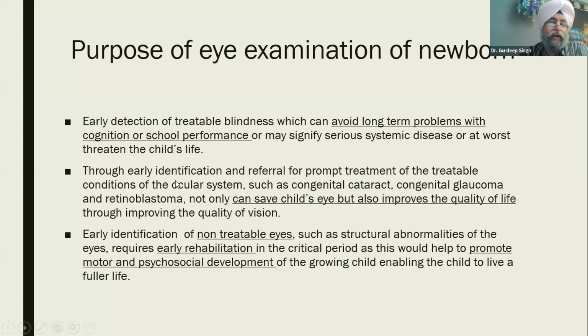Even with identification of non-treatable eyes, we can do early rehabilitation, and that can promote the motor and psychosocial development of a growing child.